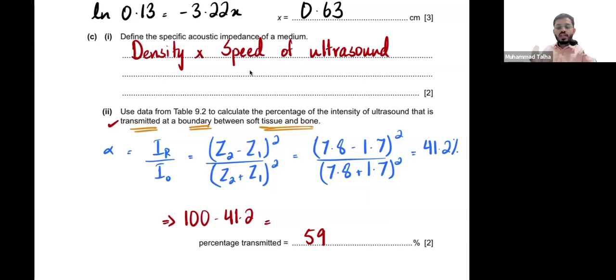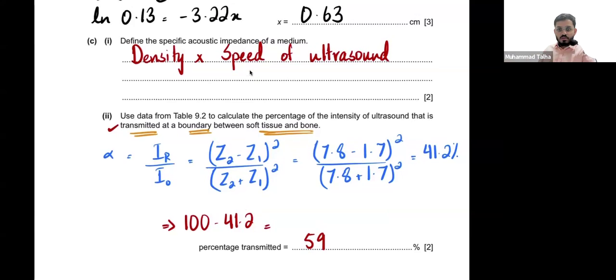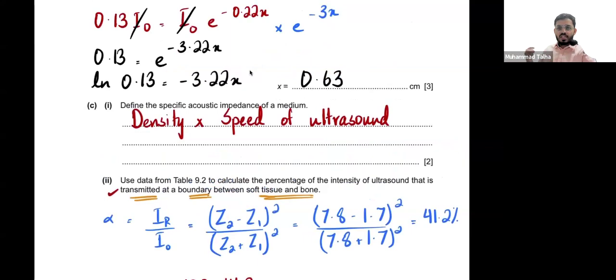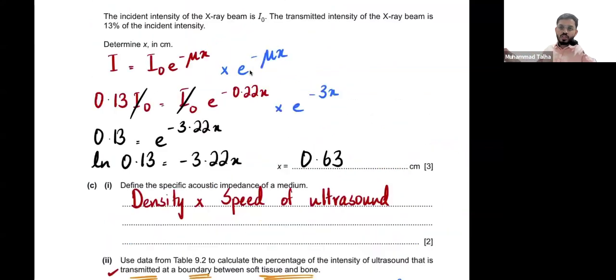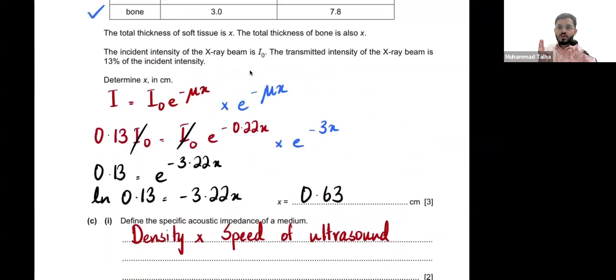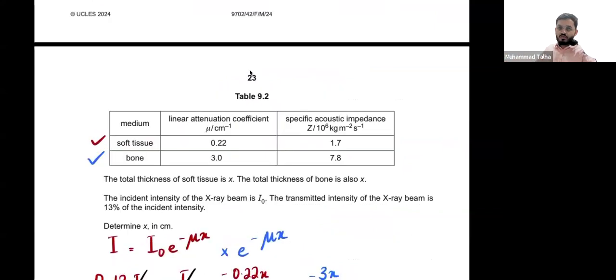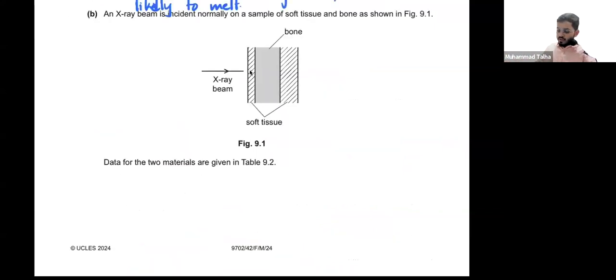Also, we did not take into account that you have a lot of different boundaries here. It is always a soft tissue and bone boundary, but there are multiple boundaries. It's not like you just have some soft tissue and then some bone. You have soft tissue, then bone, then soft tissue again, then bone again.